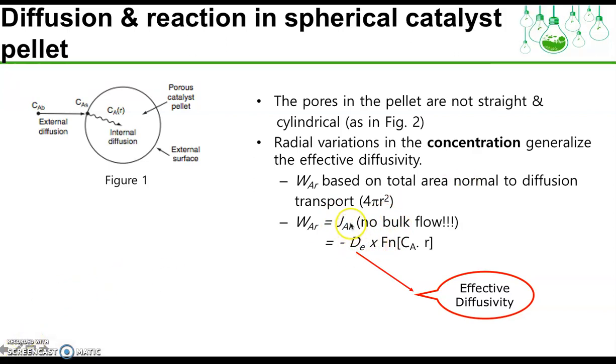Previously, JA equals negative DAB dCA over dz. In this internal diffusion, JA is a function of the effective diffusivity, a function of concentration, and also r, the distance in the catalyst, which we assume is spherical.